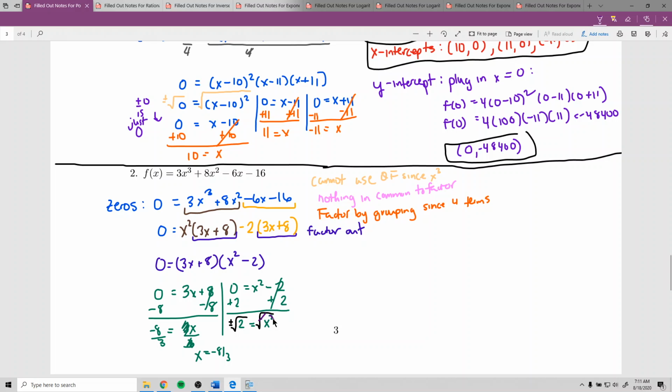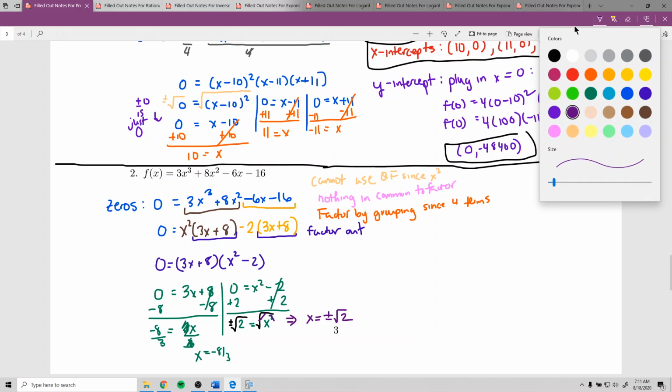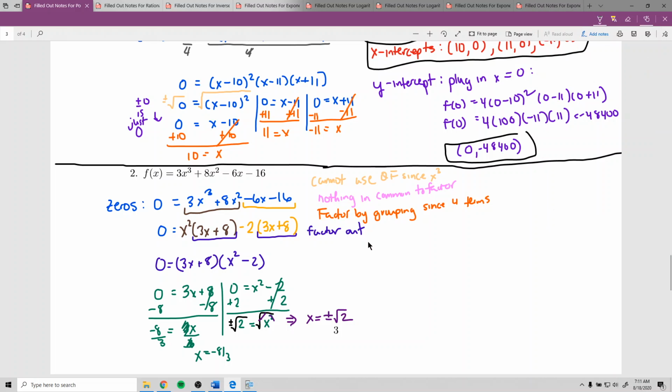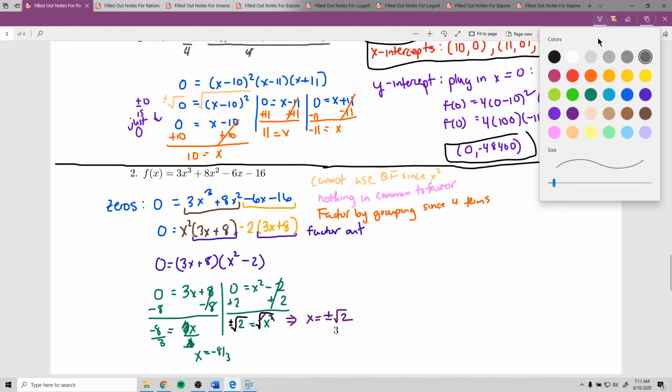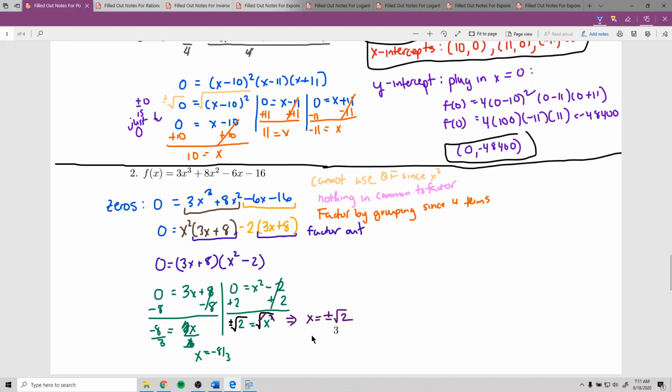The square and the square root knock each other out, and we get x equals plus or minus square root of 2. And we can see here for the zeros we have three answers. We have negative 8 over 3. We have positive square root of 2. We have negative square root of 2.